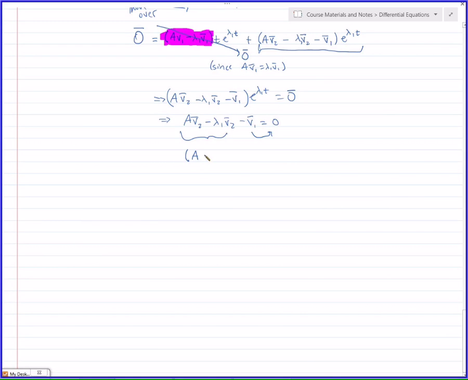This becomes (A minus lambda 1 I) times v2 equals v1. Just add v1 to both sides, and remember when you factor out a v2 from both of these, I can't take a matrix minus a scalar, so that's where I stuck that I in right there. Identity is the same multiplied in, whether it's there or not.